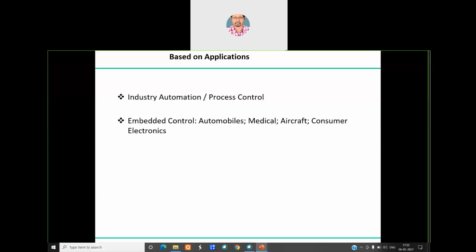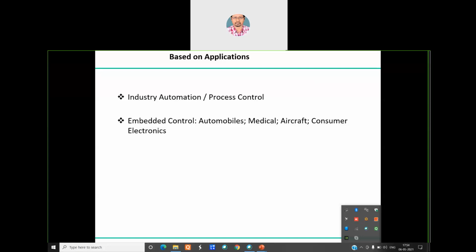Then for that you require a lot of automation, and in such scenarios you require a mechanism which is called the process control application. Now the other class is the embedded control system.